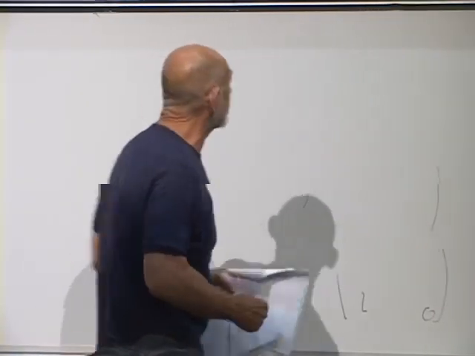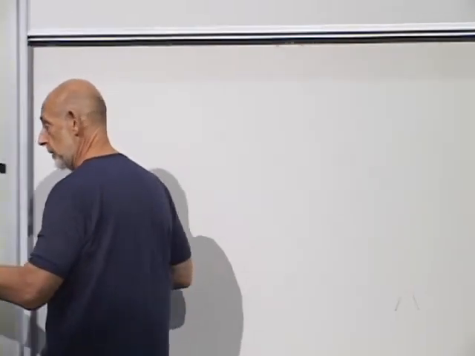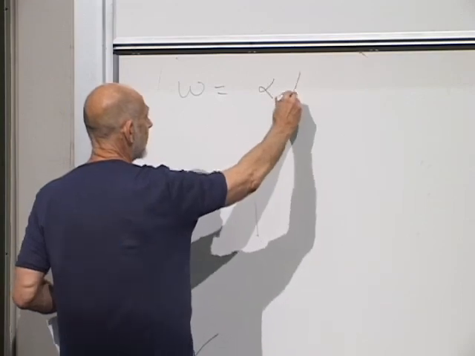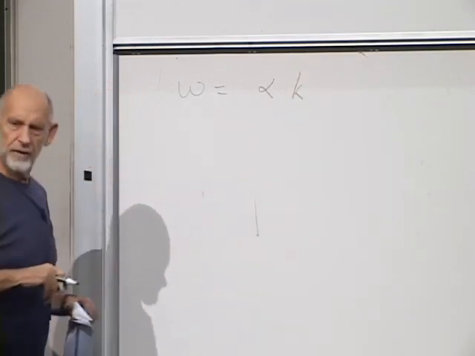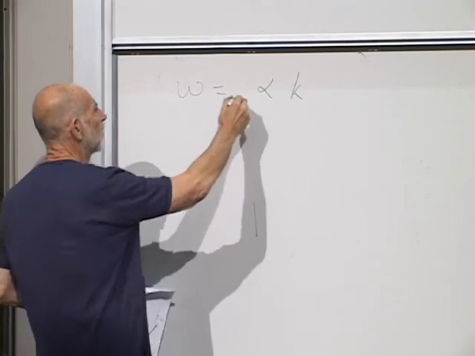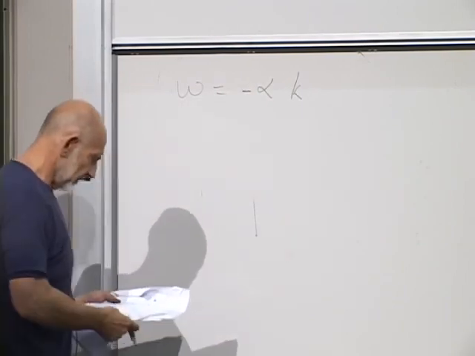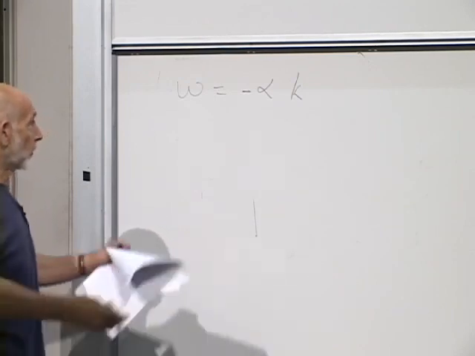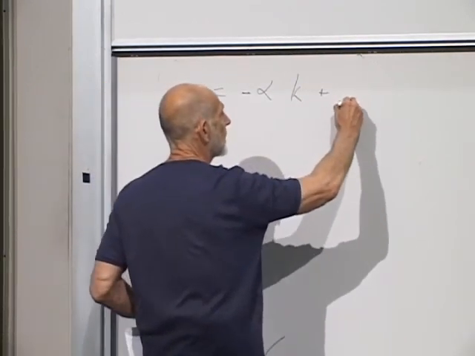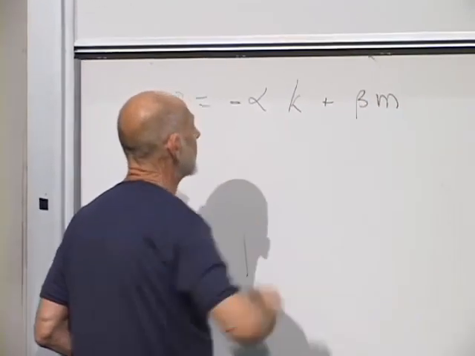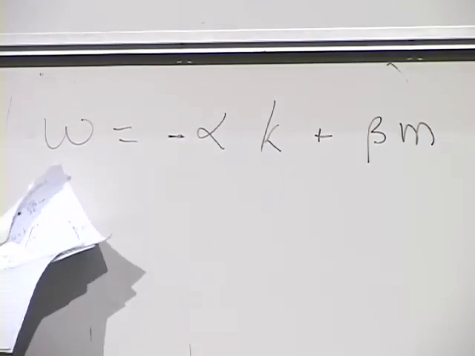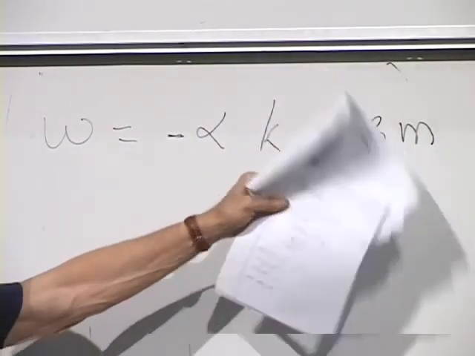And Dirac began by writing down a generalization. Actually, I can write the same equation. Omega equals, remember what it was? Alpha times k, and plus beta m. This stands for a particular differential equation, with time derivatives, space derivatives, and just mass.